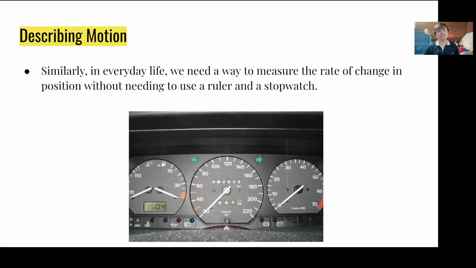Instead, everyone uses their speedometer because that directly gives you your speed. In fact, this would be more your instantaneous speed. You'll be pulled over by the police if your instantaneous speed is exceeding the speed limit and not your average speed, typically, unless there are cameras taking your average speed over a distance.